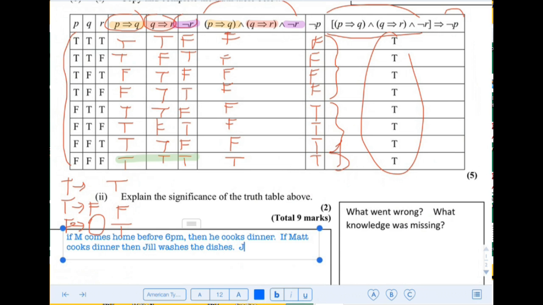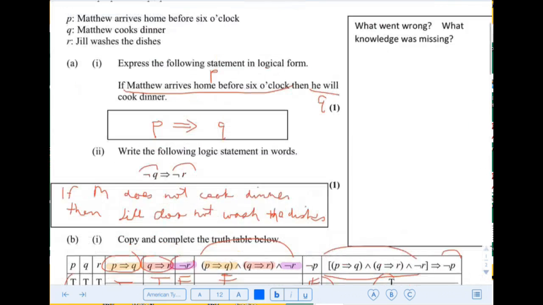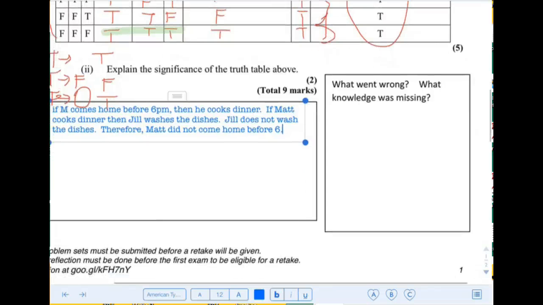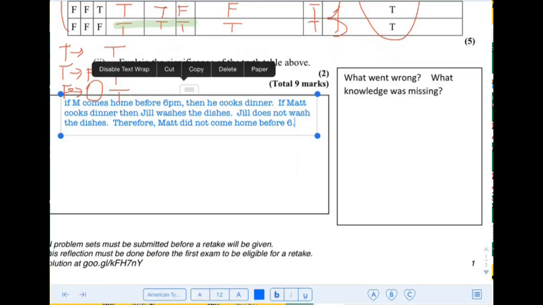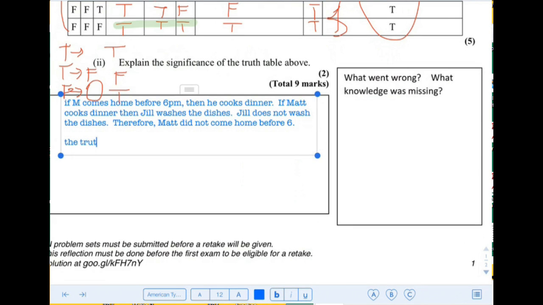And then we and that with not R. Jill does not wash the dishes. And then we could say therefore, not P. So Matt did not come home before 6. Okay? I think that's right. Yeah. Okay? So that's what that means. And the truth table shows that this is valid, that it is a tautology.